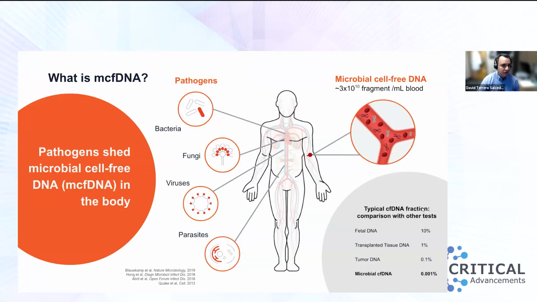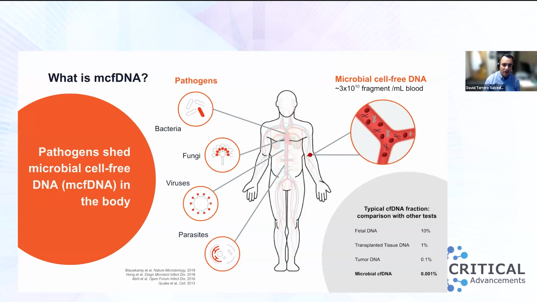So, what is microbial cell-free DNA? Probably the term explains itself. It's microbial DNA from living or dying pathogens that is detected in plasma, but it can be detected in other body fluids.